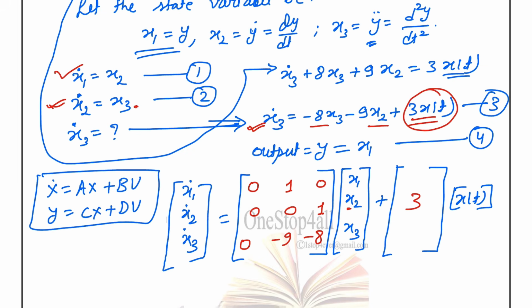So, this 3 is only in the x3 row, not in the x1, not in the x2, only in the third. So, x1 component 0, x2 0 and x3 dot has one component of 3 x of t. So, this will be your final equation. So, x dot equal to A x plus B u, this will be A, this will be B.